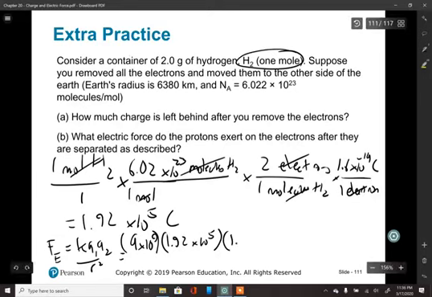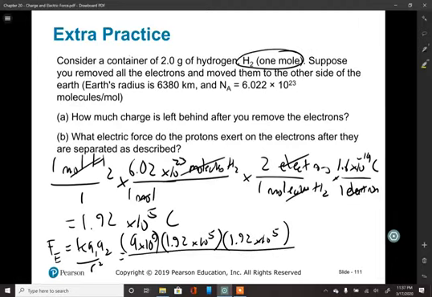So that's the interaction we have. And then the distance, r, is the diameter of the Earth. So that is 2 times 6,380 times 10 to the third, squared, because I have to convert to meters.